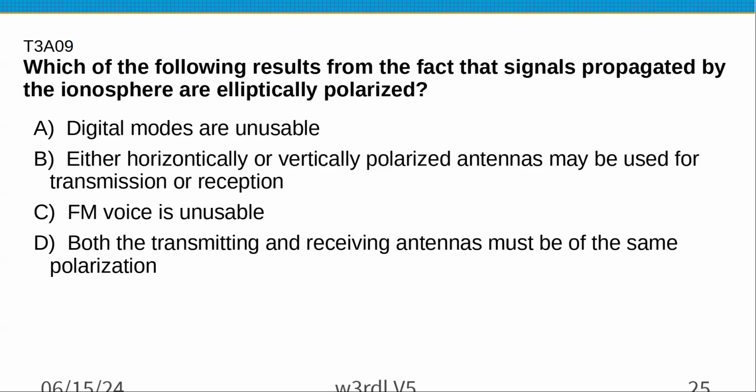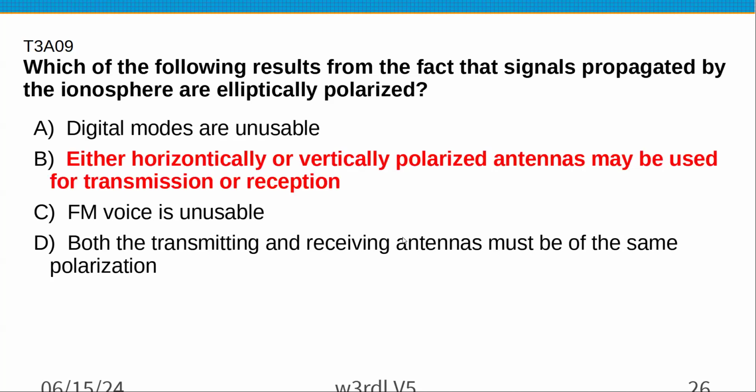Under normal circumstances, both things. You know, where you're not bouncing something off the... For line of sight, delta would be correct. When you're bouncing it off the ionosphere, it starts tumbling as soon as it bounces. So it doesn't matter at that point, the polarization.